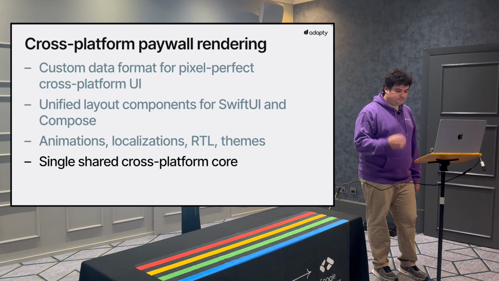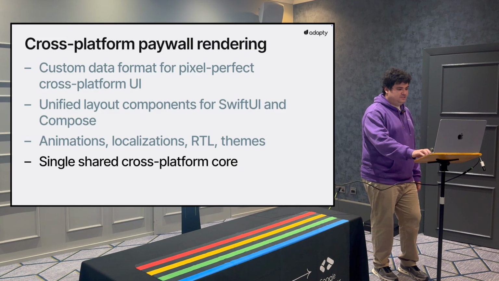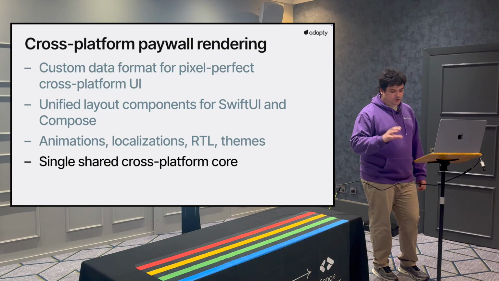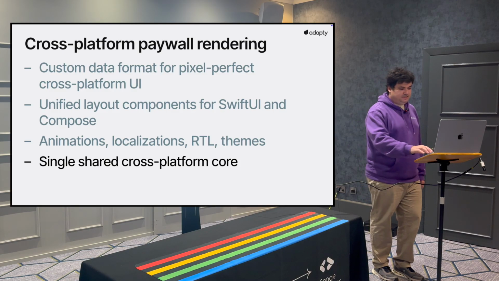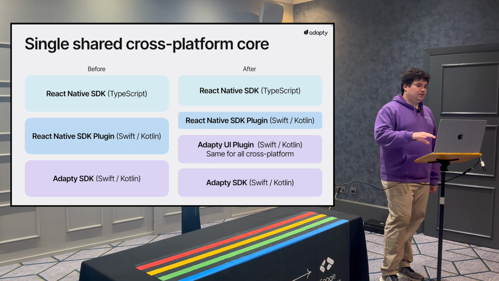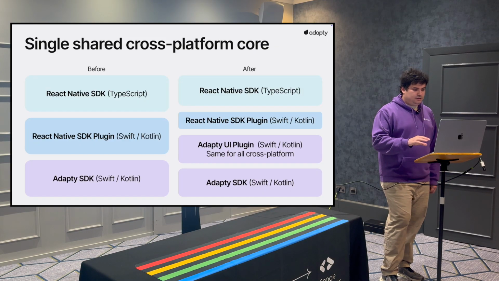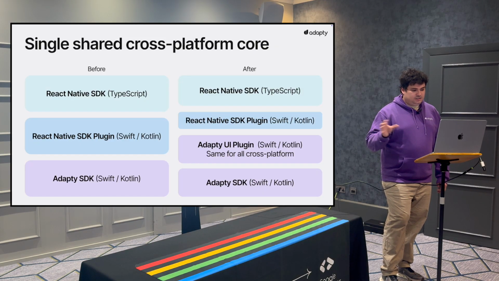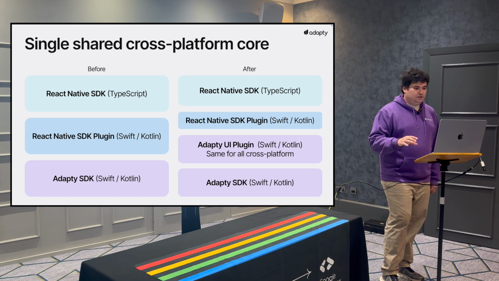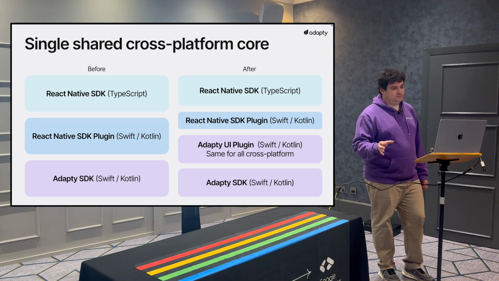And finally, one thing that we improved, and also that could be beneficial for you if you develop something similar, is if you have to support cross-platform SDKs, it's better to use a shared core for them. So originally, we were using the approach that you can see on the left. We had our main Swift and Kotlin SDKs, and then we developed plugins for them for React Native, for Flutter, for Unity, for Expo, and for other cross-platforms that we have.